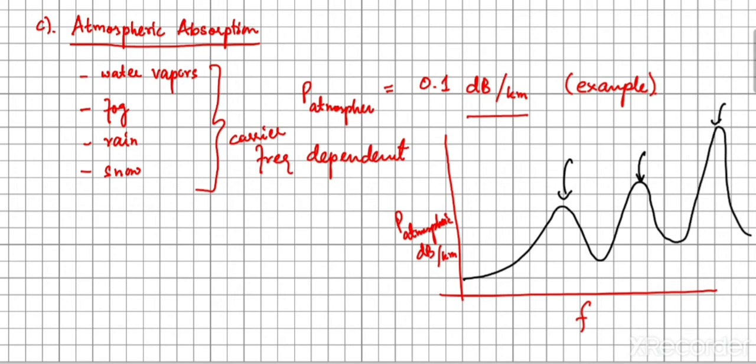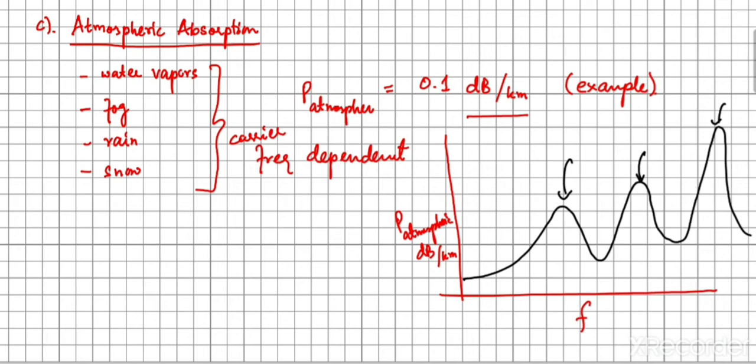Right now, our main concern is not the exact plot, but I will share some example plots in the slides as well. The main focus of this discussion is that there is a non-negligible loss in propagation due to the atmospheric absorption.